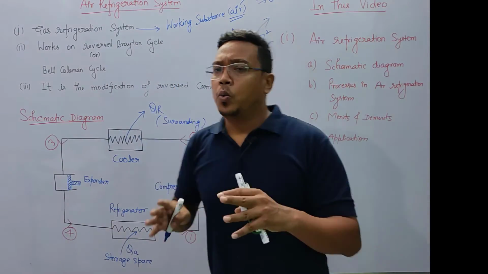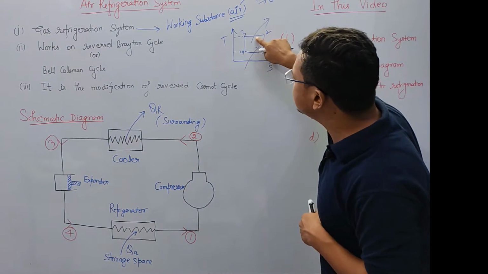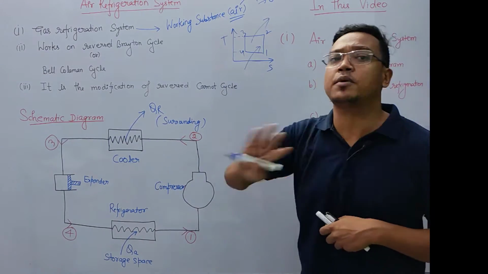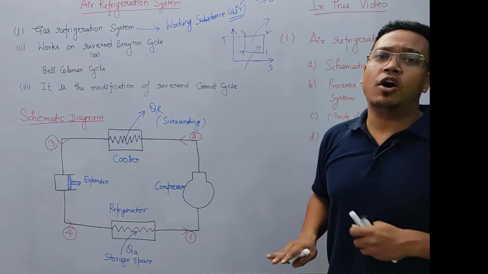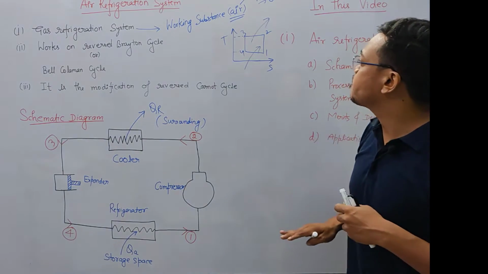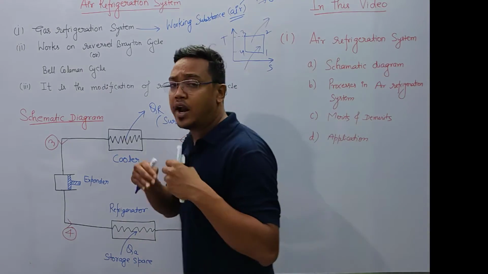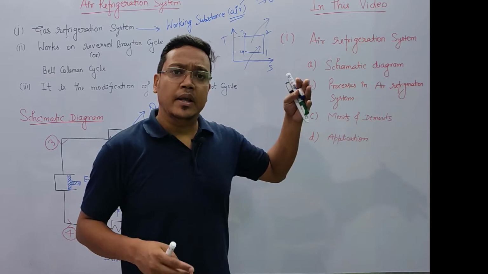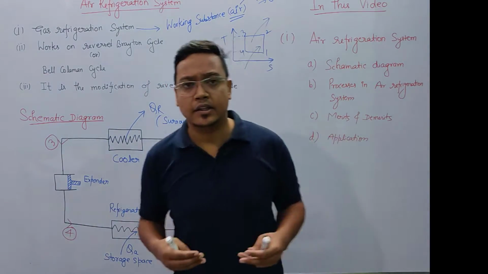So one process is very fast, second process is very slow. That means combination of this type of process is not possible. This reason you have studied already in thermodynamics also. But you have to remember here, because of these reasons, we are not able to operate any machine on a reverse Carnot cycle.